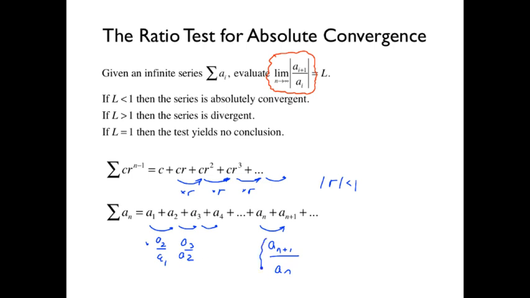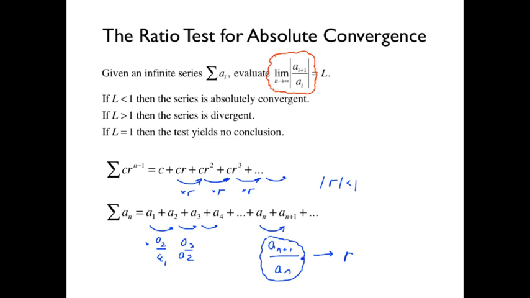But if we were to look at if this had a limit, then what would we be saying? If that has a limit, it's kind of like it's becoming a geometric series. Do you see that? If it's approaching some value, it's approaching some multiplier. Then in the end, it's like approaching or becoming a geometric series. So what do we want that ratio to do for this thing to converge?